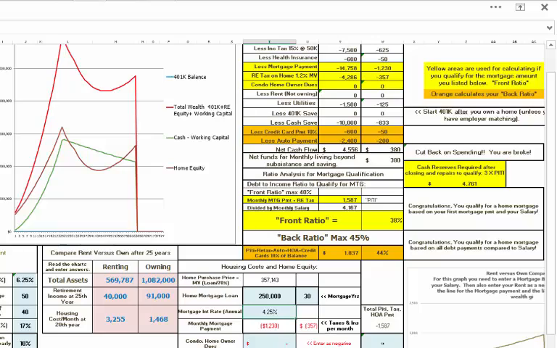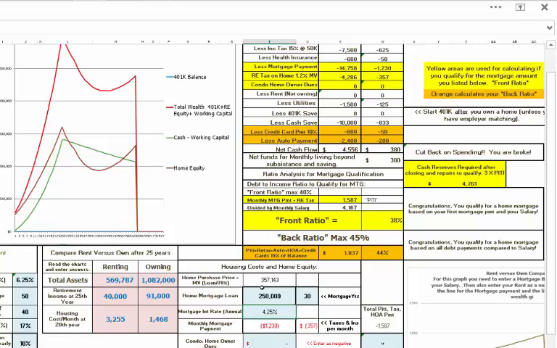Now, in another segment of this series of seminars is how to buy houses wholesale for 70% of fair market value, 100% financed at closing, and then refinance them into a 30-year fixed at the appraised value, so you've got no mortgage insurance, and you've purchased this house 100% financed.